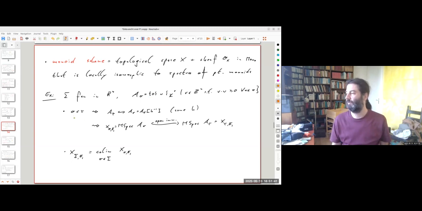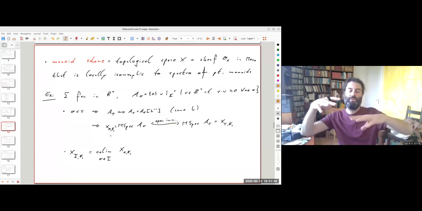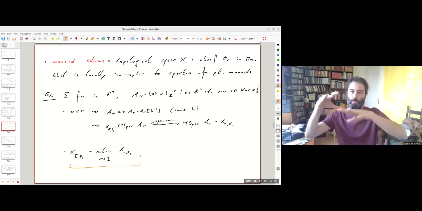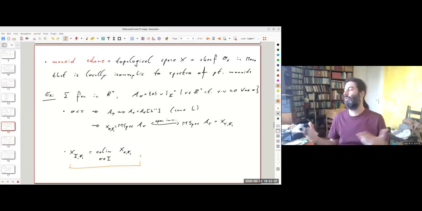And then if we have an inclusion of cones, this gives rise to localization, to an open immersion of affine monoid schemes, which are the M-Specs of these guys. So we have monoid schemes which are open inside the other, and then our monoid scheme would be just the union of these opens, or categorically the colimit.